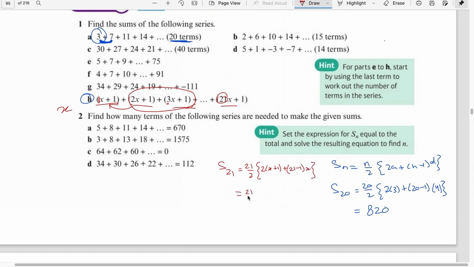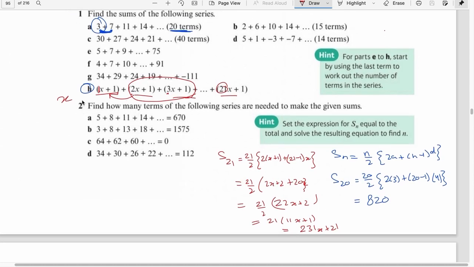So 21 by 2, that is 2x plus 2 plus 20 into x, that would be 22x plus 2. On the outside that is 21 by 2. We divide 22x plus 2 by 2, that is 11x plus 1, and multiply by 21: 11 into 21 is 231, plus 21. 231x plus 21 is the sum.